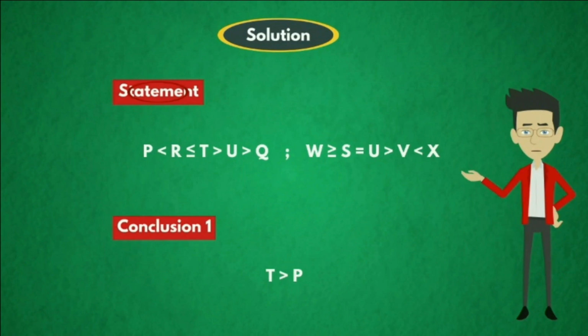Here in the statements, we have a direct relation between T and P. So here, from T to P, we have less than or equal to symbols.